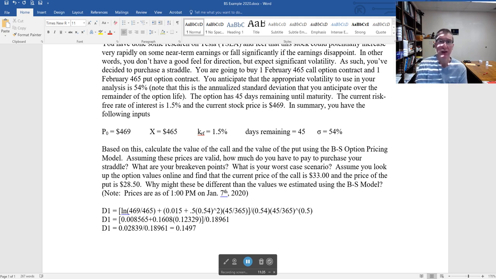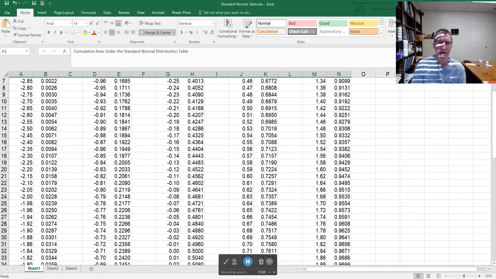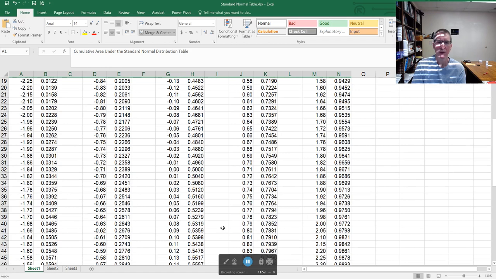Now, I don't actually want D1. What I want is the area under the cumulative standard normal distribution up to point D1. So here is a standard normal distribution table. My D1 is approximately 0.15.